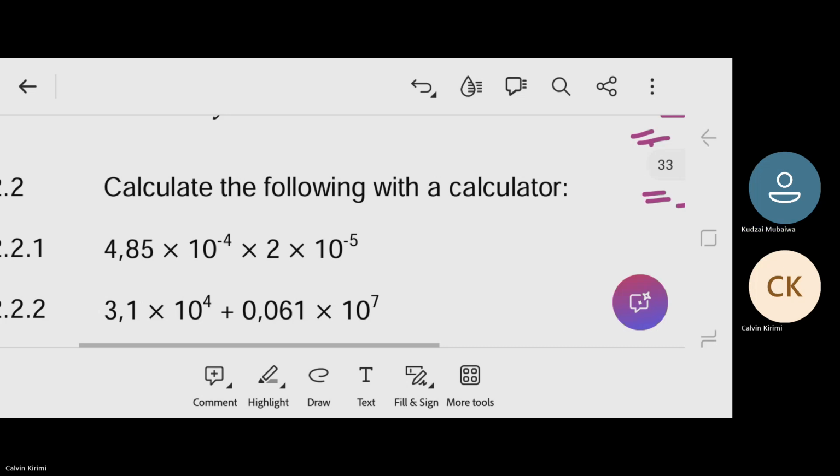Yes, sir. I'm saying in standard form, you can put the decimals, but we want a number between 1 and 9. Remember when I was telling you about numbers between 1 and 9? Yes, sir. Those are the numbers which you want to use. You want the number between 1 and 9.